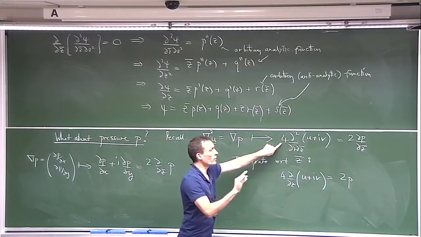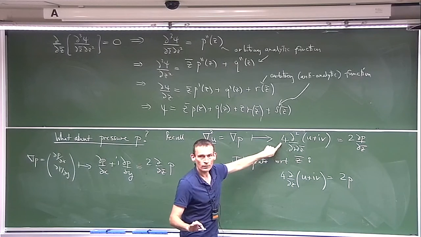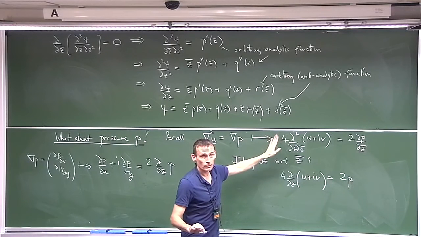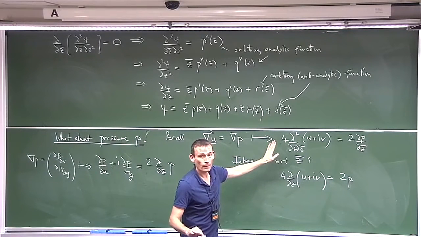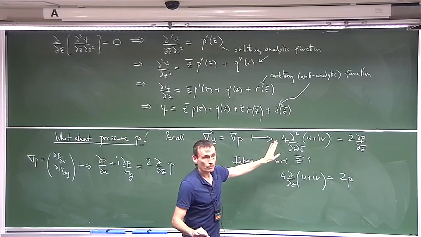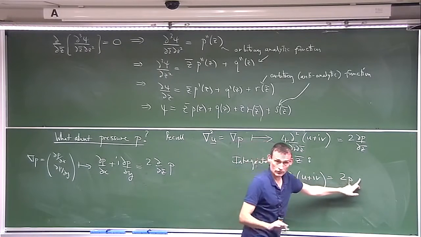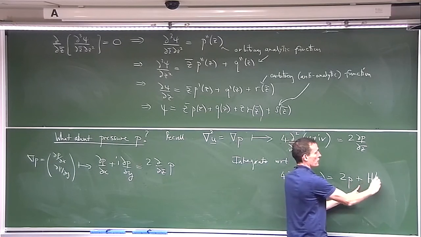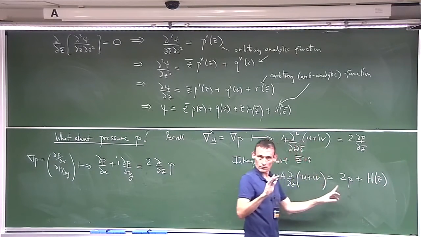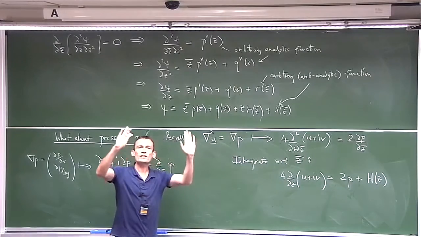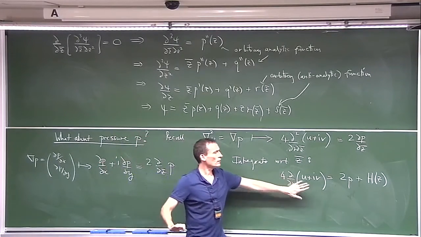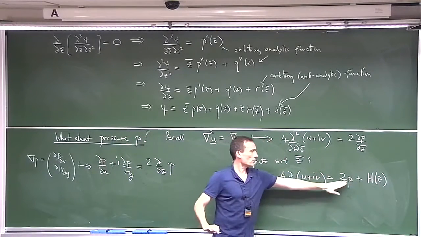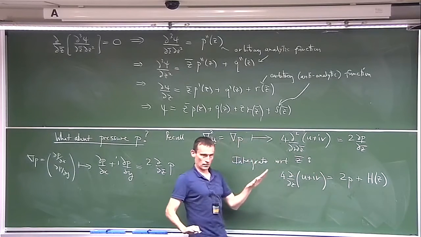Remember, that's what I'm looking for, p. But what else? Just integrated with respect to z bar, keeping z fixed, I've got to maybe put another function of z here. Let's call it, I don't know, h of z. An analytic function of z, remember? Because if I take a z bar derivative of this, that will give me 0. And then I get that and that.